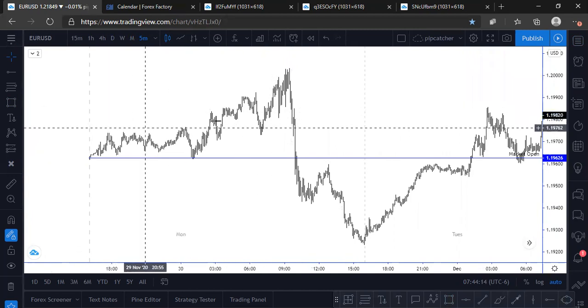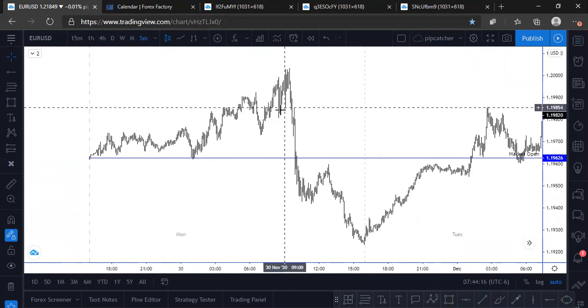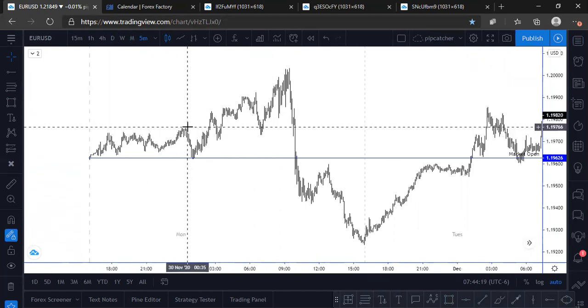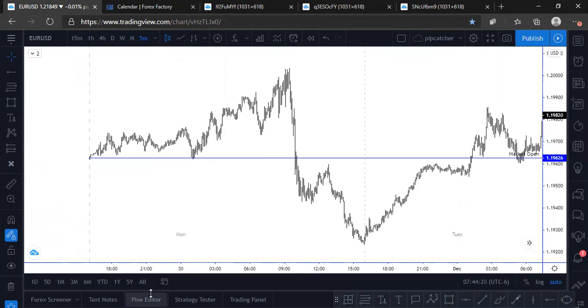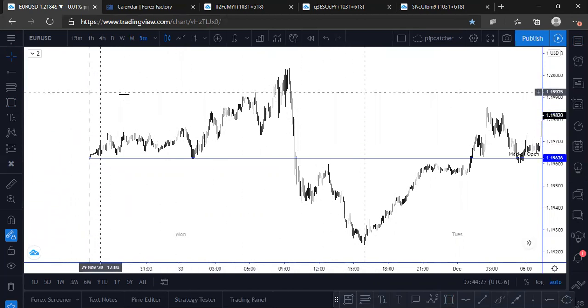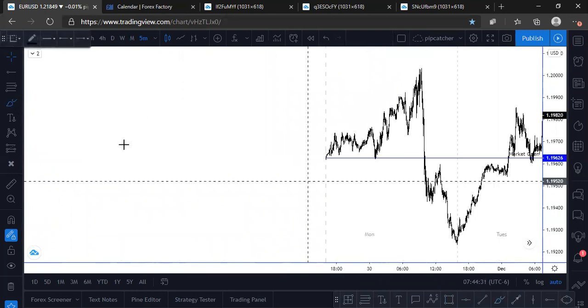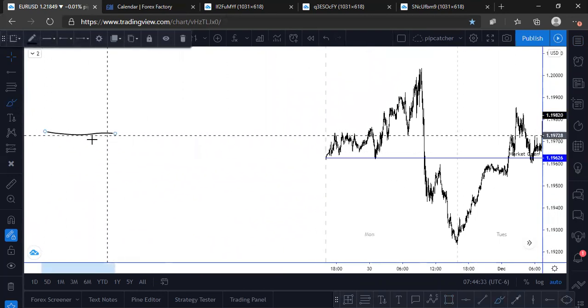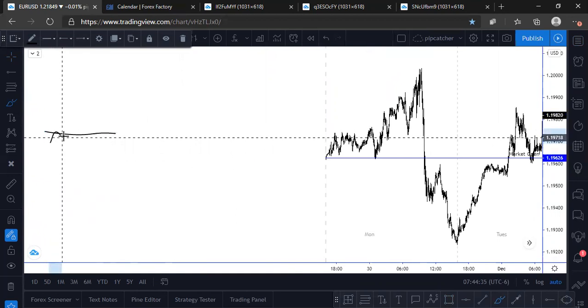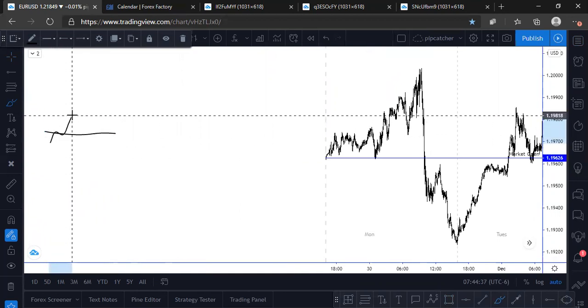Sunday and Monday, I don't like to be in the market. I don't even like to watch what happens those days theoretically. But just as an example, say we have market open right here, and we start getting rallies above at the beginning of the week.